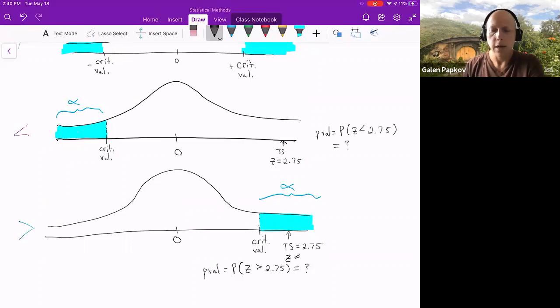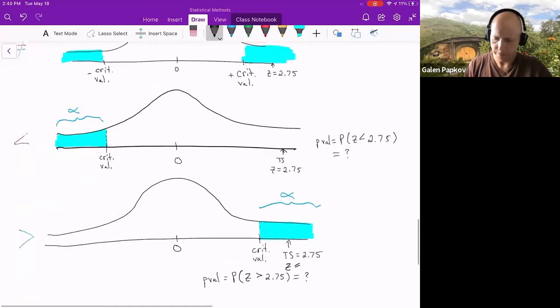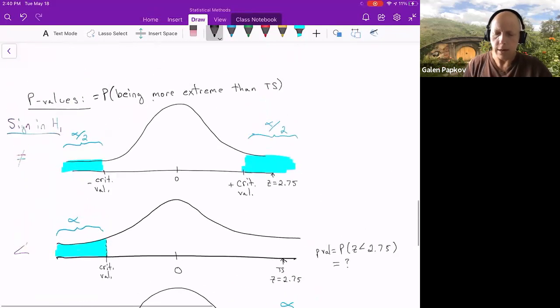What if we have this case here, the very first one, where z, our test statistic, is 2.75. And so in this case, because it's a two-tailed test, even though we observed 2.75, since both regions, both tails are in play, the mirror image could have been possible. It could have been z is negative 2.75.